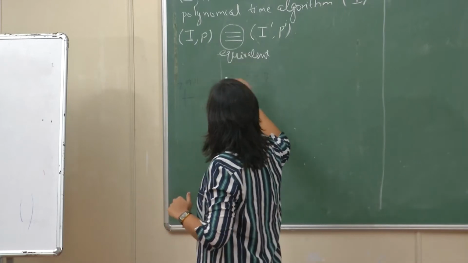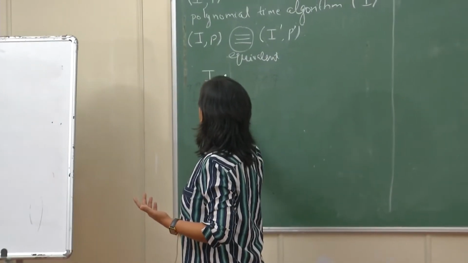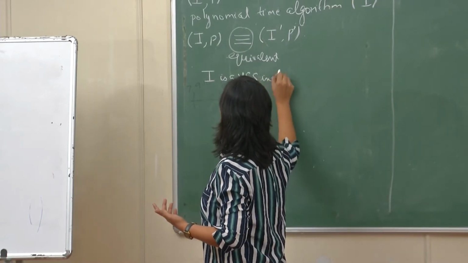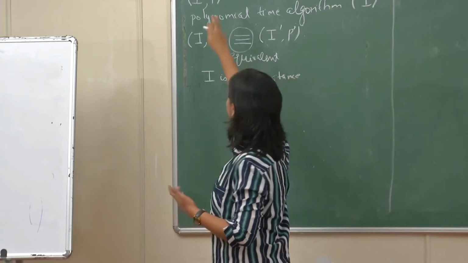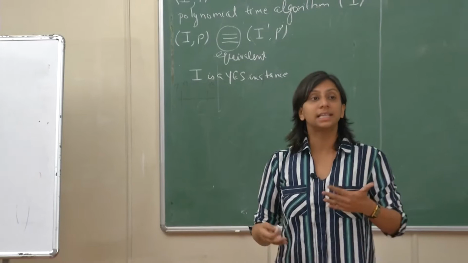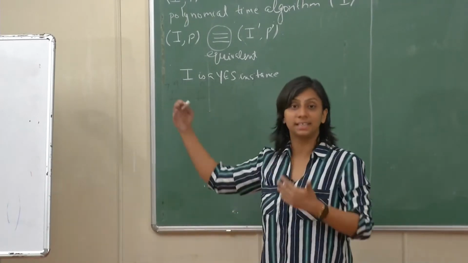So what do I mean when I say equivalent? I mean if I is a yes instance, meaning we know we're talking about decision problems. So when you give an instance I as input, the answer will either be a yes or a no. So if the answer to this instance is yes, we say I is a yes instance.